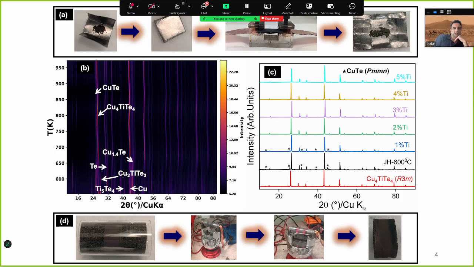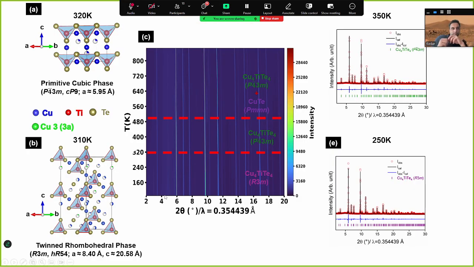Next figure. This is actually figure 2. Here I'm talking about these two phases. At 310 Kelvin, we saw some extra copper position is generating.